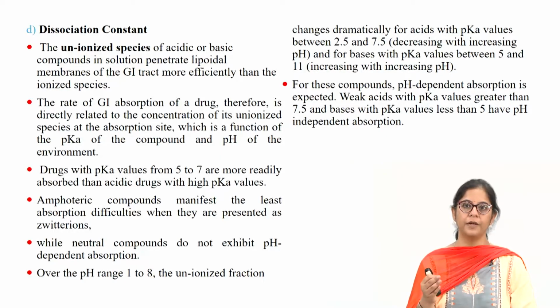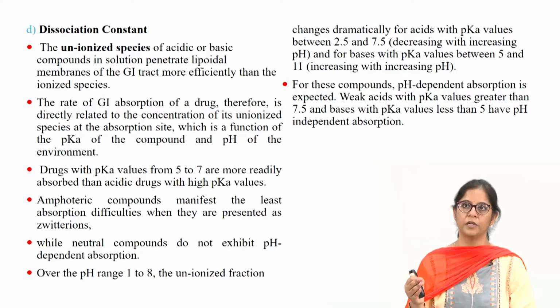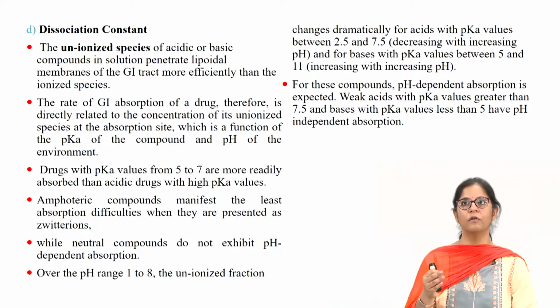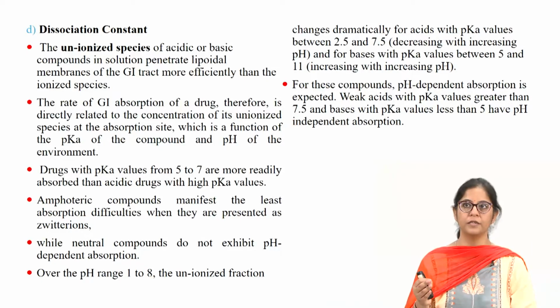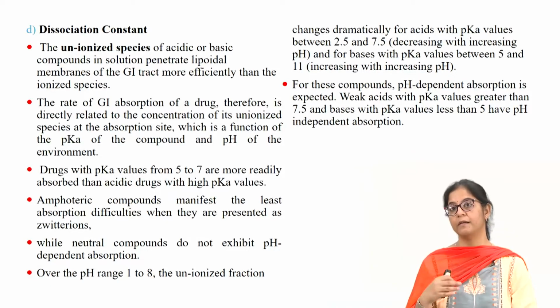Over the range of pH 1 to 8, the unionized fraction changes dramatically for acids with pKa values between 2.5 to 7.5, decreasing with increasing pH, and for bases with pKa values between 5 and 11, increasing with increasing pH. So, we see that as we go on increasing the pH, the unionized portion of the basic drugs will increase, and hence its absorption will increase.